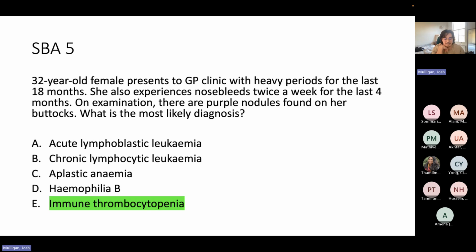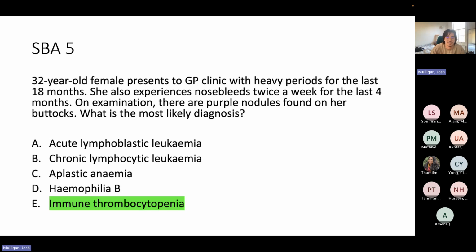Chronic lymphocytic leukemia is commonly a slightly older population. And acute lymphocytic leukemia is very much on the other side. It's a pediatric condition, normally under 10s, to be honest. So you can rule out a lot of those conditions based on what else you'd expect to see, as well as the demographics in those conditions.